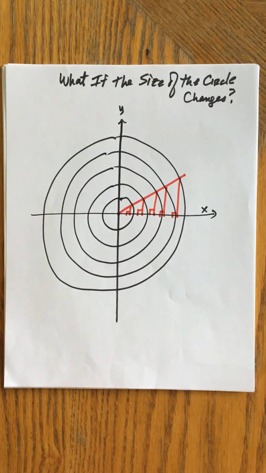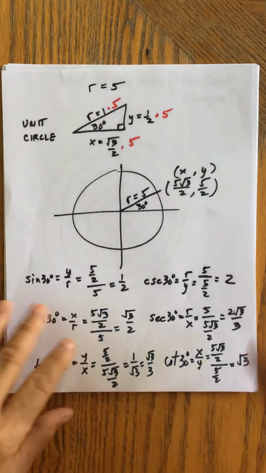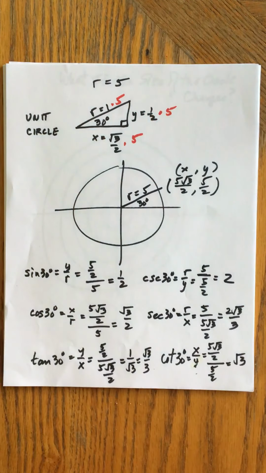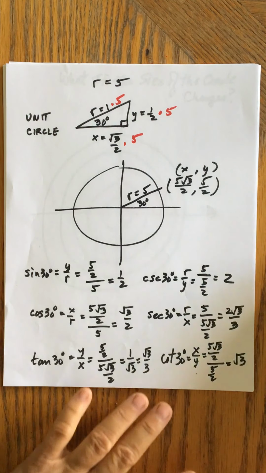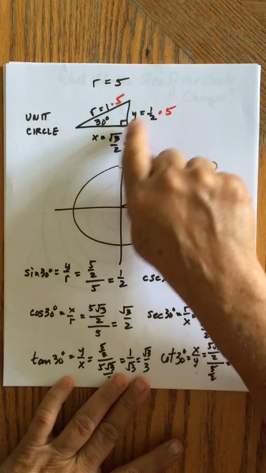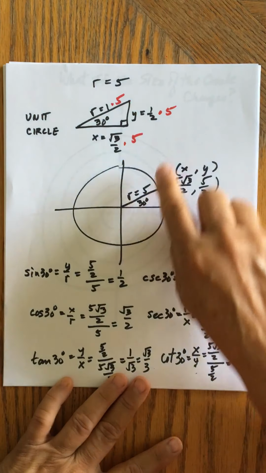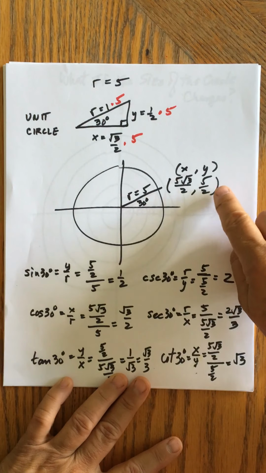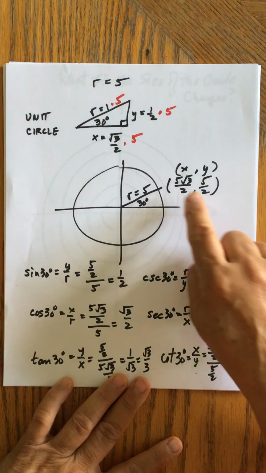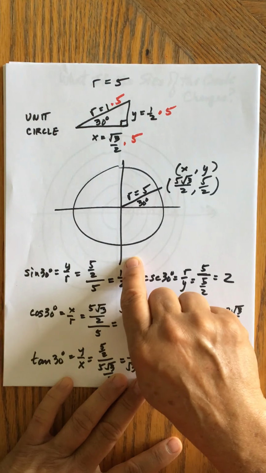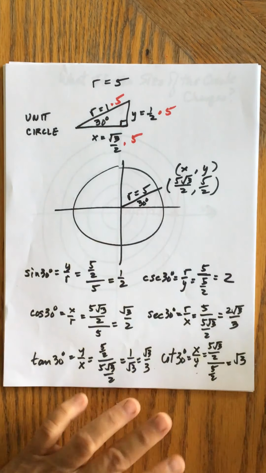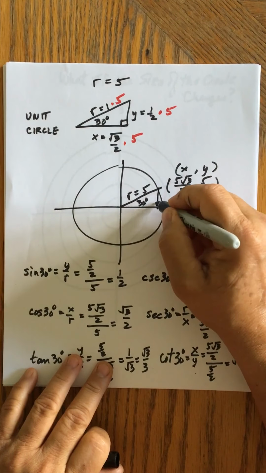Here's a specific example. Suppose I had a radius of 5, and we're looking at the 30-degree angle. Well, that means every length is going to be multiplied by 5. So the radius is going to be 5, the y coordinate is going to be 5/2, the x coordinate is going to be 5 square root 3 over 2. So here's your angle, and again, you would just drop to the x-axis.